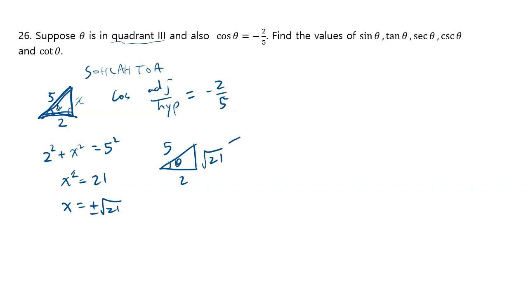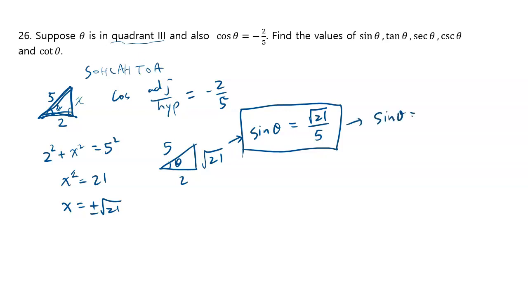Now, from this, you can figure out the sine of theta by taking Sohcahtoa again. Sohcahtoa says sine is opposite over hypotenuse. So opposite is square root of 21. Hypotenuse is 5. Done. Okay. And from this, you can determine that the actual answer to sine theta is minus square root of 21 over 5. Where did this minus come from?